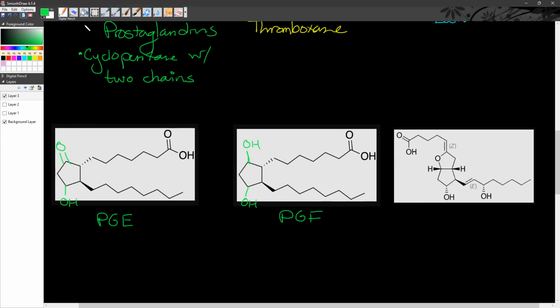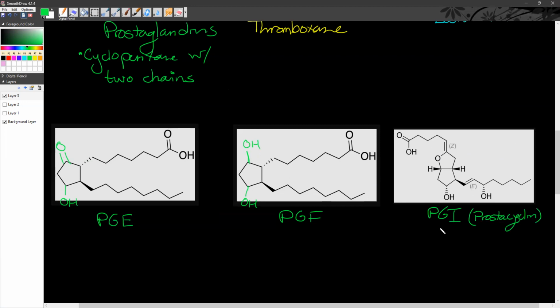And then for PGI, which is also known as prostacyclin, instead of that top chain being down and around, it is stuck in this furan moiety. And this is how we have our three different drugs.